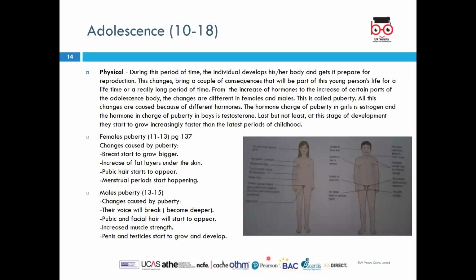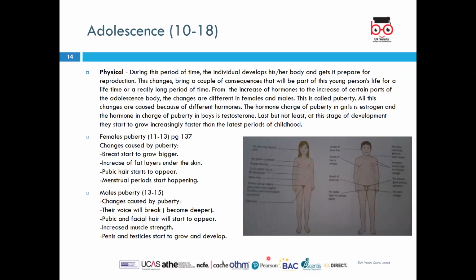Now, coming towards the adolescent stage, so it's 10 to 18 years when a boy and a girl attain maturity. So they're growing now. They're past their childhood. So here there's physical growth. During this period, the individual develops their body.